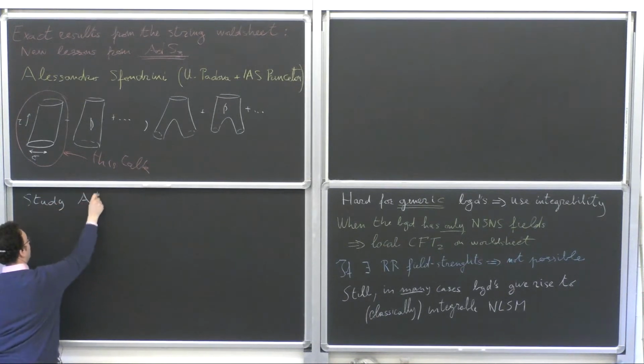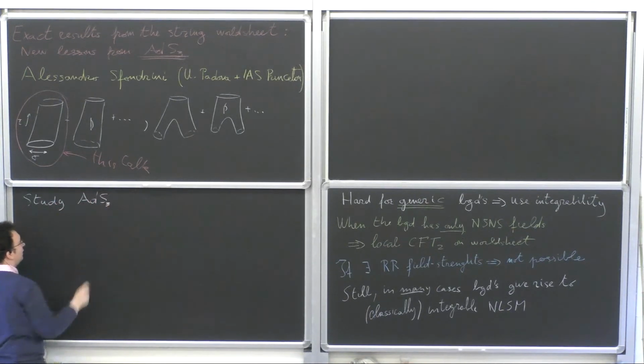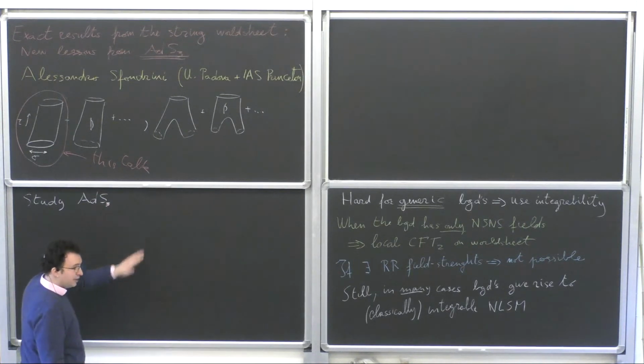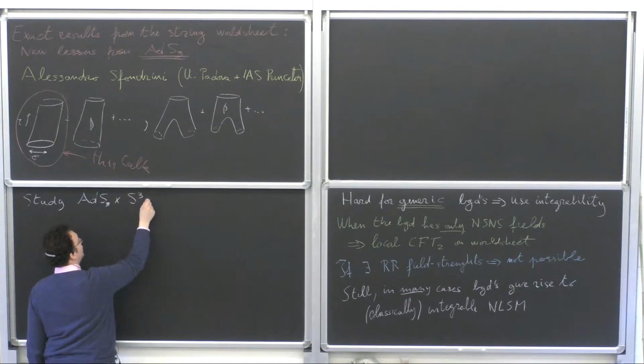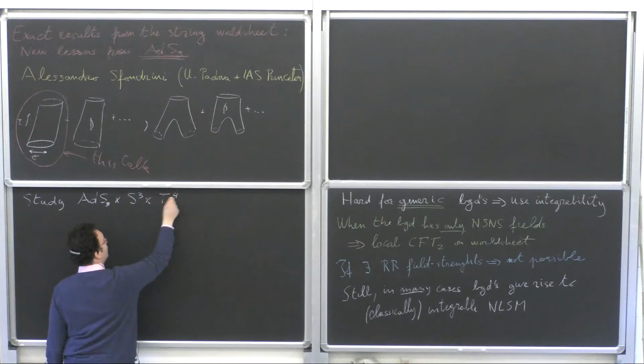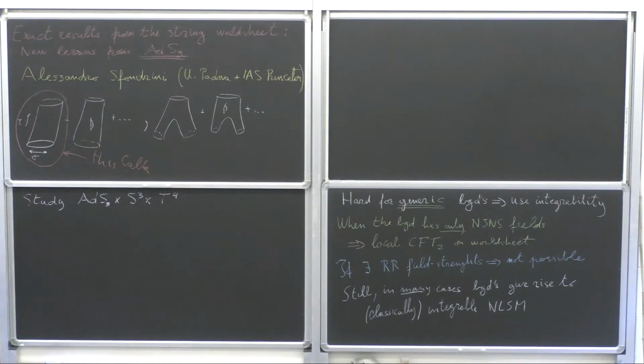And the background, actually, to satisfy the supergravity equation and to be a critical string theory is not just AdS3, it's 10-dimensional. So there is anti-de Sitter space in 3 dimensions. There is a 3-sphere, and there is a 4-torus. Actually, there are several variations on the theme where you can put a K3 instead of the torus or something else, but let me just skip this. I just want to stick to the very simple, show you the very simplest.